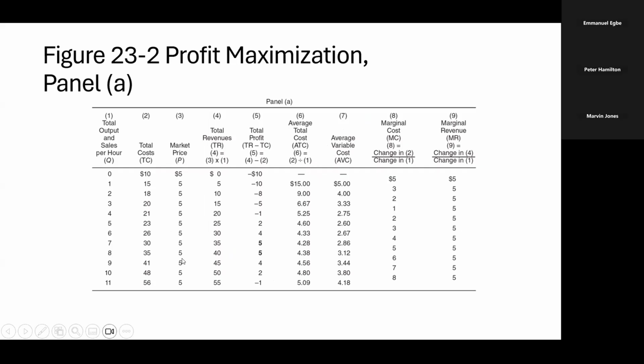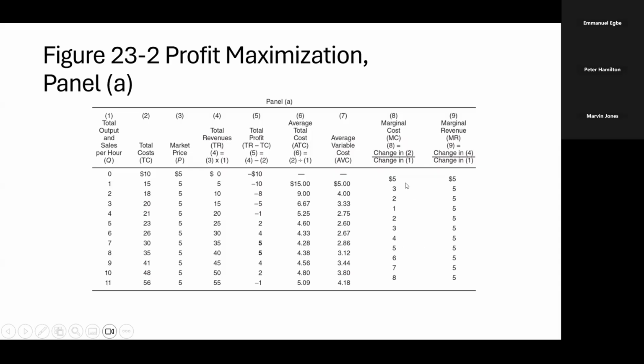The marginal revenue is 5, but also the marginal cost is 5. So profit is maximized at the point where marginal revenue is equal to marginal cost, which in this case you can see here is 5 for both. So where these two meet, that is where the firm will maximize profits.